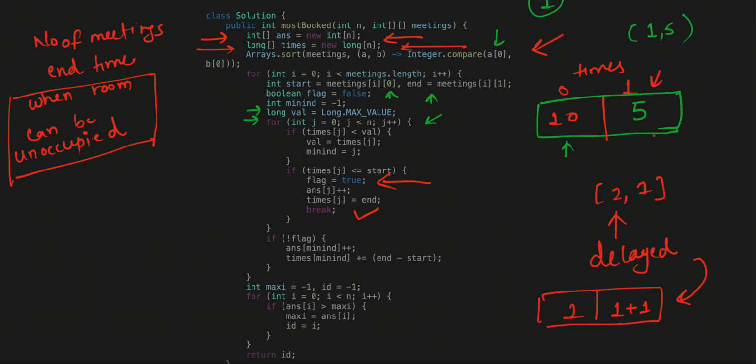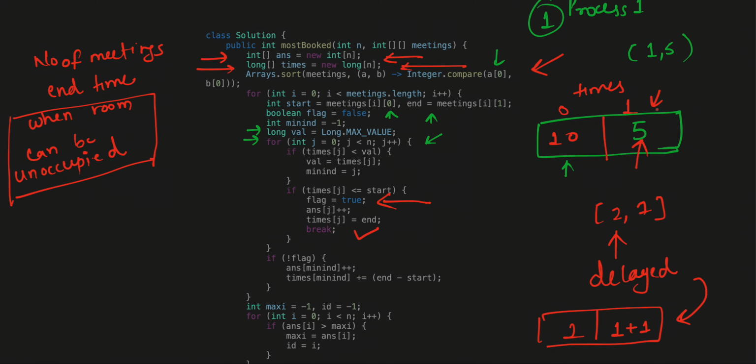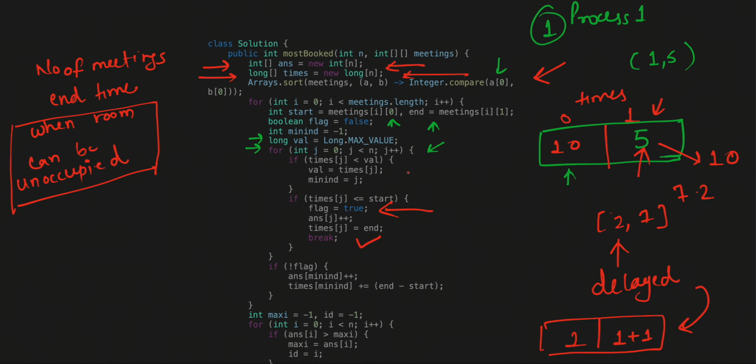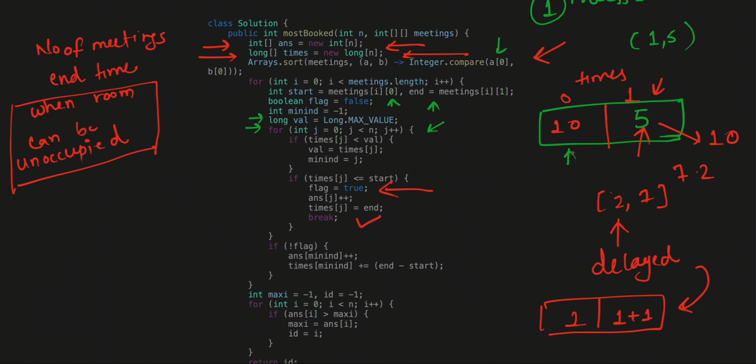Cool. And times I also need to update. So the previous time I also include, as well as the next time interval. The next time interval was 2 to 7, so 7 minus 2, and I will be updating 10 with the occupancy. Now I will start iterating again, and in this case the meeting time interval is 3 to 4. 3 to 4 also gets delayed, and my flag will remain false.